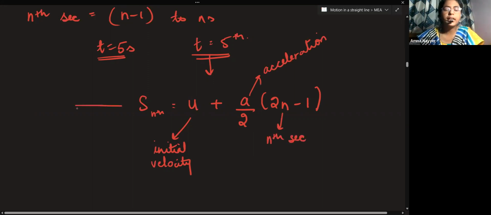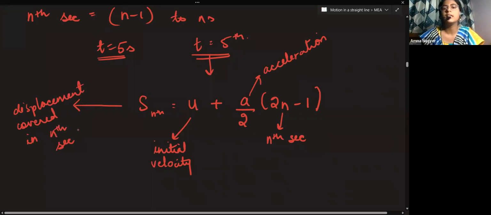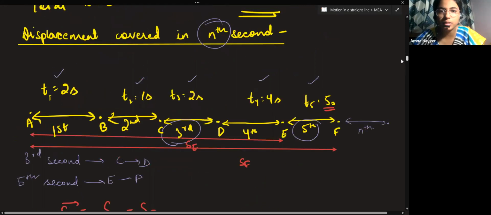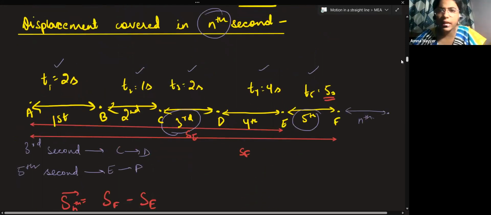And s nth means the displacement covered in nth second. So let's do a question on this. Before that, note down these things. We'll see how to use this equation. Otherwise, if nth second is not mentioned, simply use all the equations that we studied in the last class.